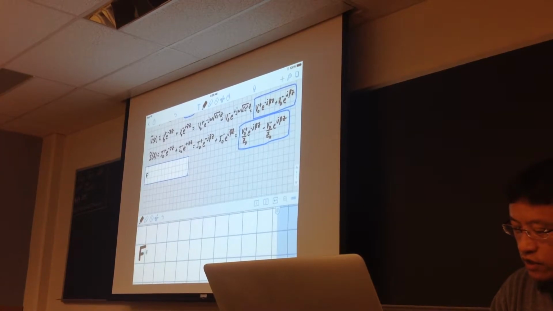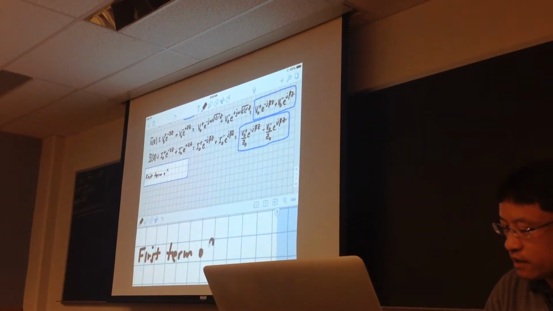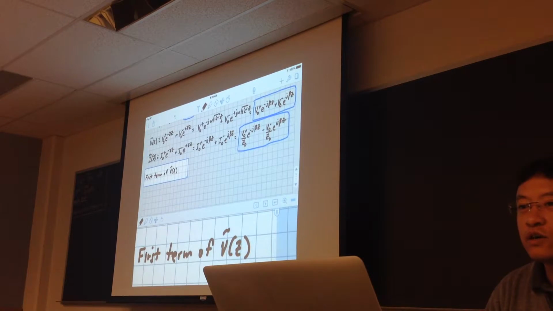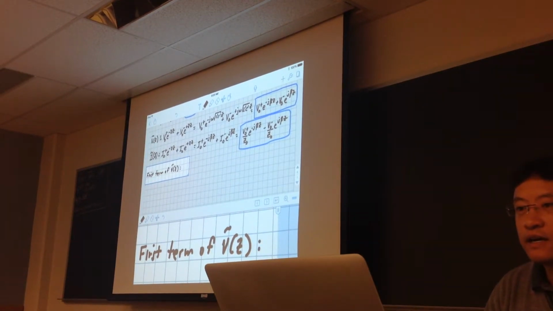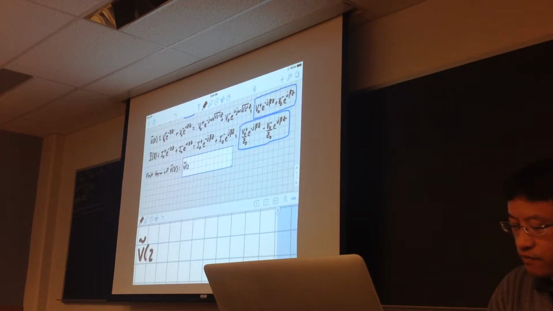So let me look at the first term separately from the second term, and then let's take a look at the time domain. So the first term of the voltage is V of z equals V0 plus e to the minus j beta z.